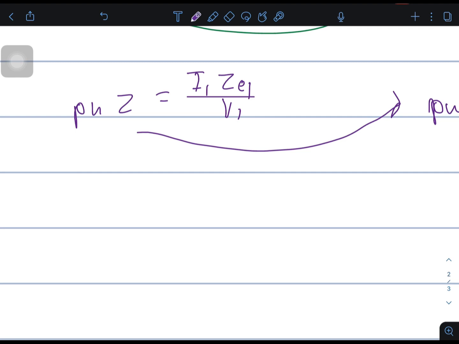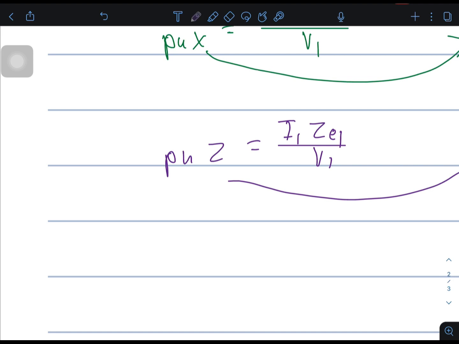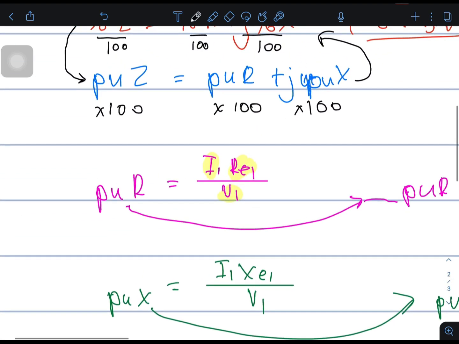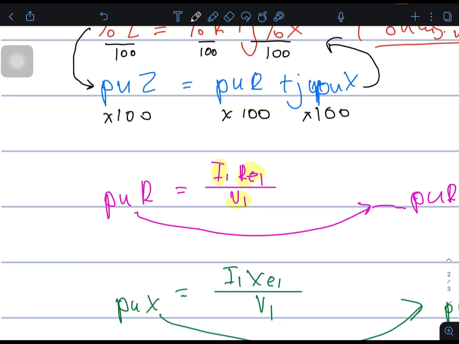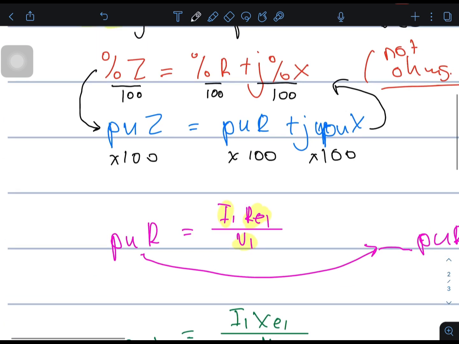The second reason is in order to calculate the voltage drop. Let me write that down. The second reason why manufacturers give us these values in percentage or per unit form: if you are given values in percentage form, you convert them to per unit value by dividing by 100.